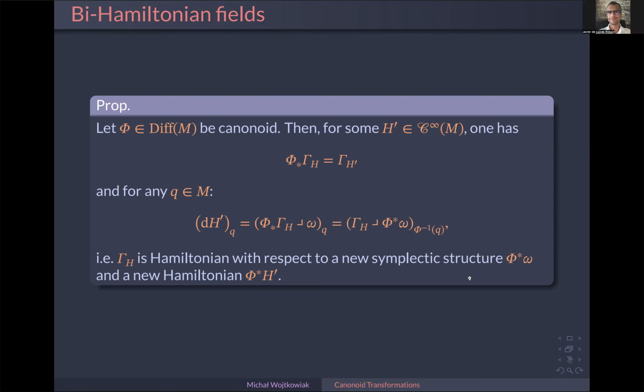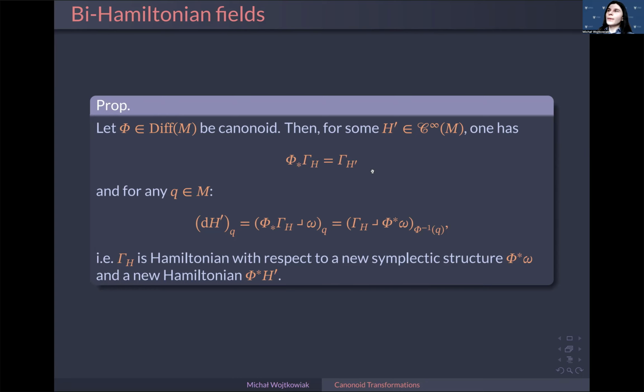Okay, going that path, since the push forward of the Hamiltonian vector field is again a Hamiltonian vector field, we can say something about that new Hamiltonian. A simple calculation shows that the original Hamiltonian vector field is actually Hamiltonian with respect to a different symplectic structure and a new Hamiltonian.